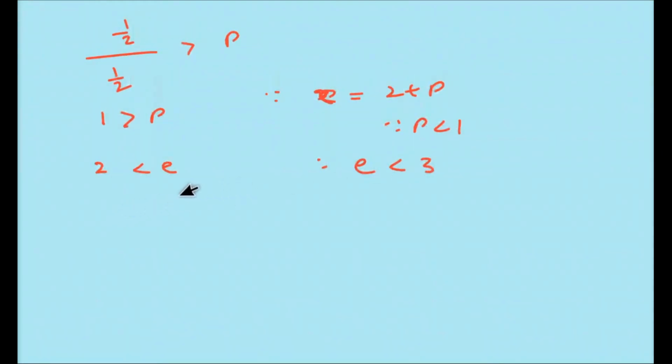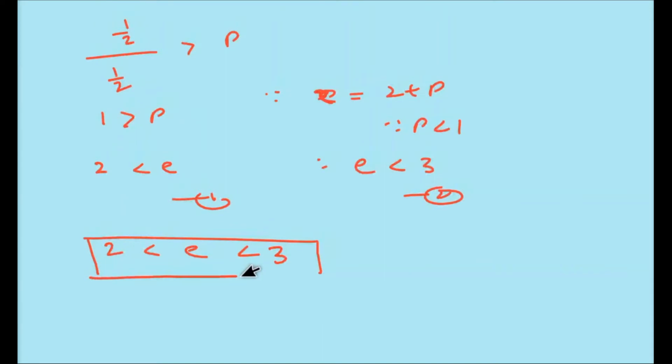So we can write using this and this, we can say 2 is less than e is less than 3. So student, this formula is very useful, and the value of e I have already explained.